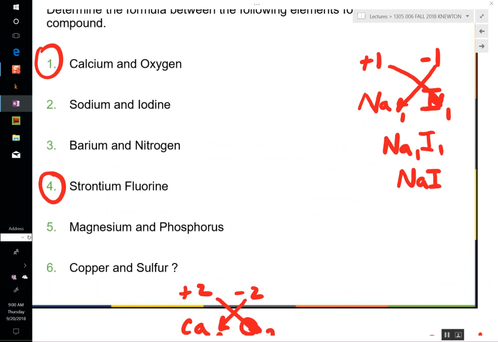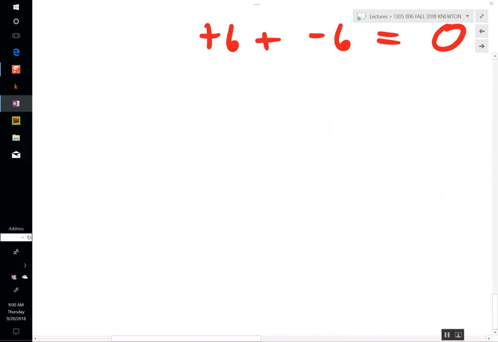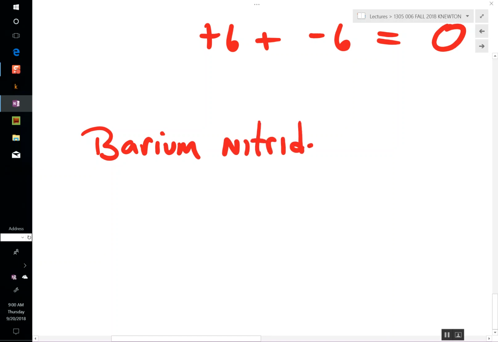Do barium with nitrogen. If that formed a nitride, it would be called barium nitride. Let's just get in one of those in the 3A. So let's do barium nitride. Nitrogen would have its name changed to nitride. Let's just do this one quickly.